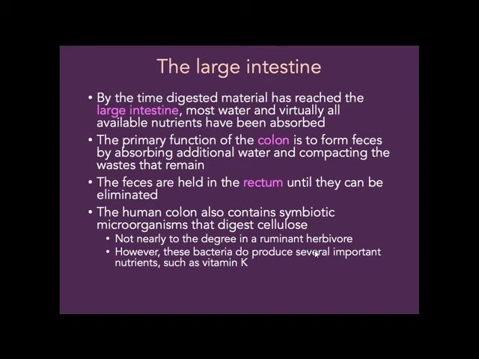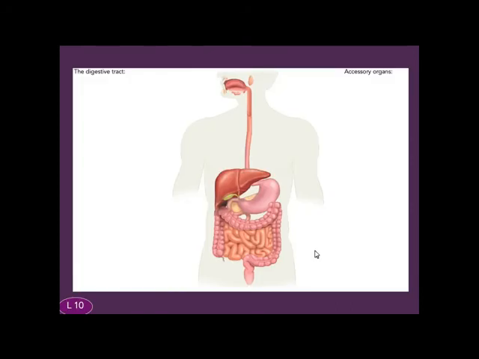We don't have that kind of an operation going on. We can digest a little bit of the cellulose, but not very much. But those bacteria are really important because they help produce nutrients like vitamin K that we would be unable to make ourselves. So we keep a little farm of bacteria in our body to help us make vitamin K and to digest a little cellulose.